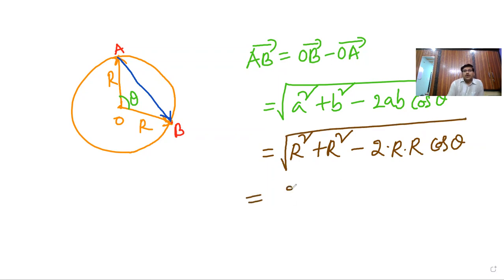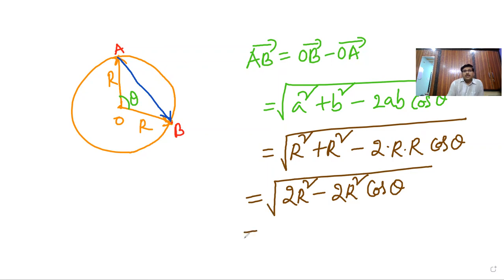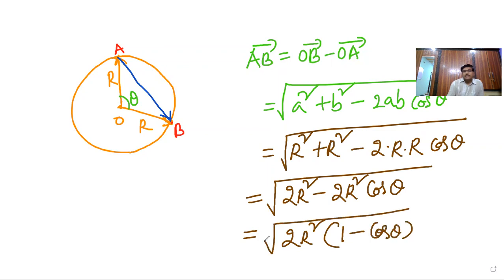That means 2R square minus 2R square cos theta. 2R square is common out. 1 minus cos theta under root. And observe carefully, this is nothing but AB bar. AB bar is shortest distance between initial point and the final point. This is displacement.